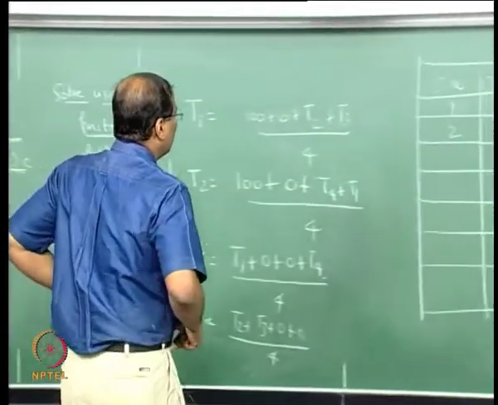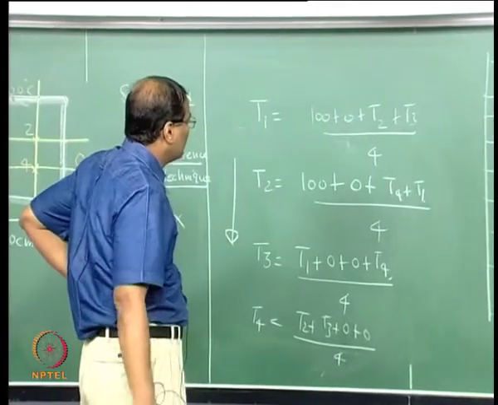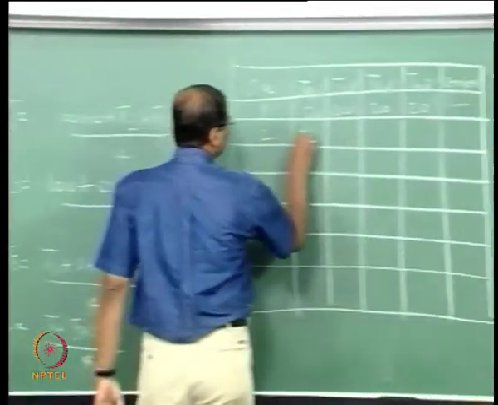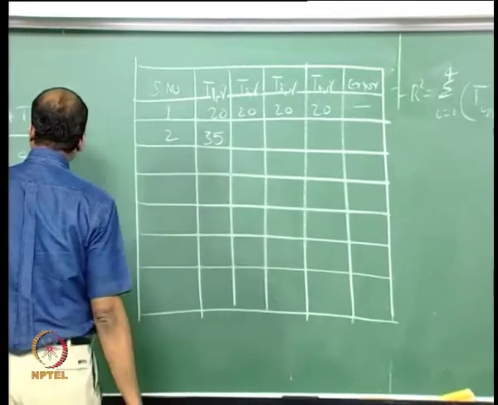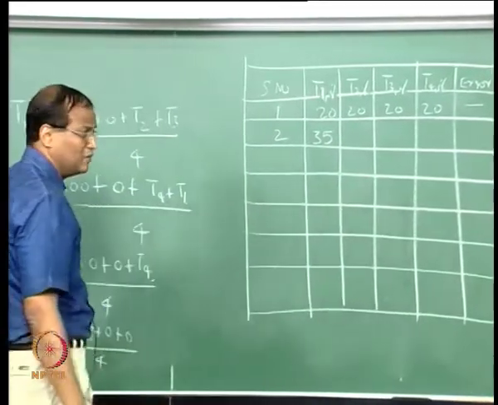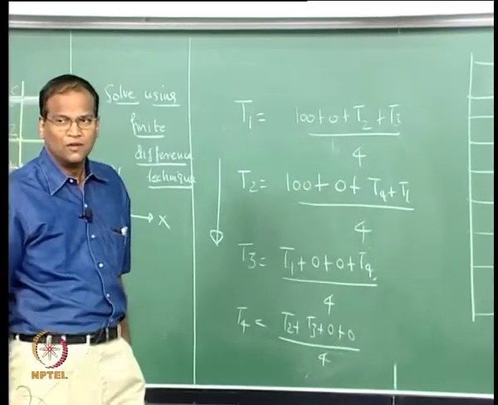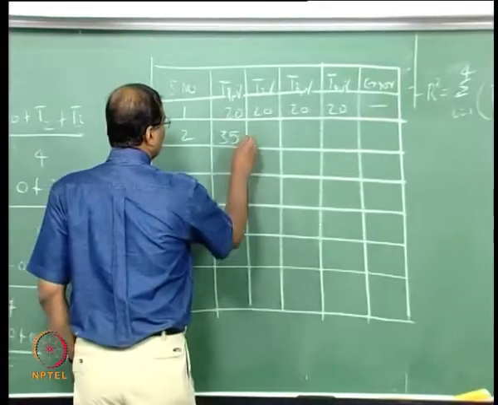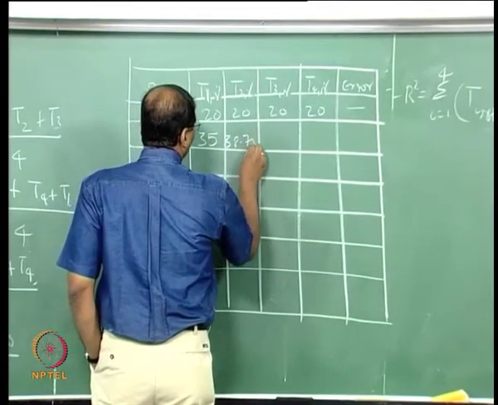So T1 will become 35, then T2 is 155 by 4, 38.75, then 13.75.